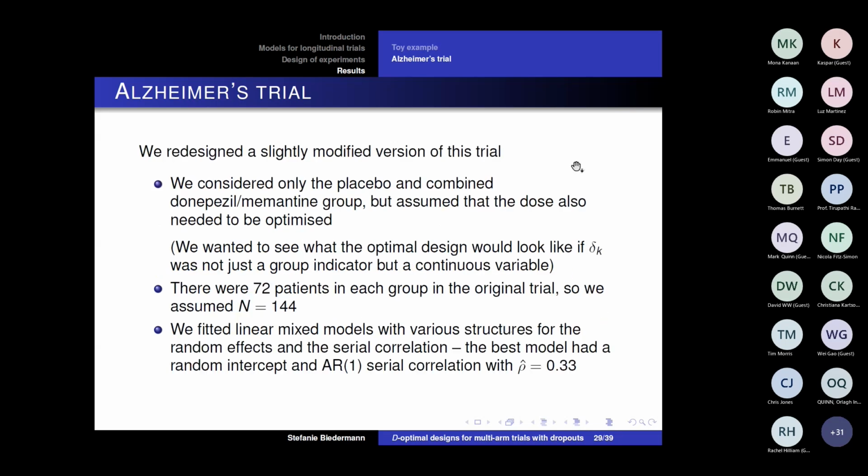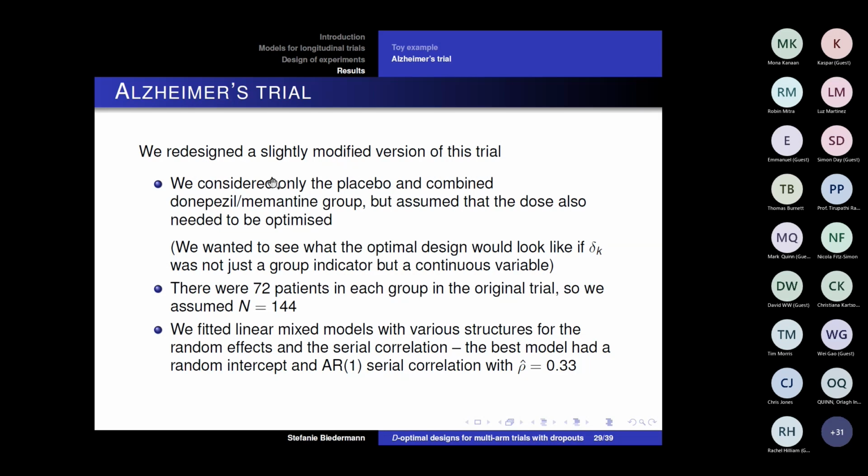Okay, so now let's have a look at what we actually did, because we redesigned a slightly modified version of the trial. First of all, we could have just used the trial as is, but then we thought with 4 groups, it might be too similar to the toy example, and we wanted to introduce a continuous variable.